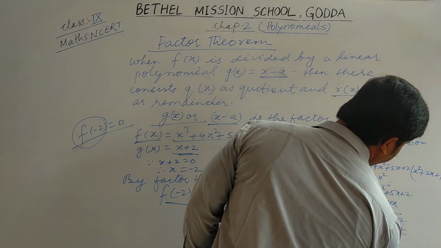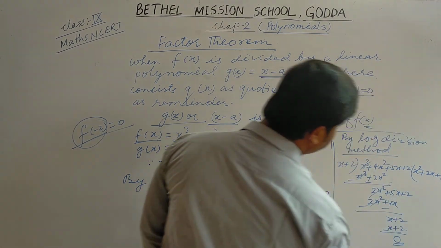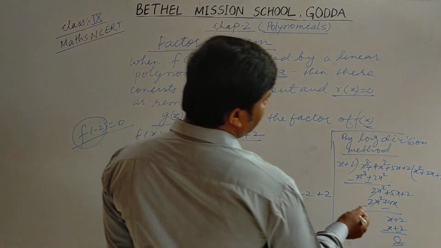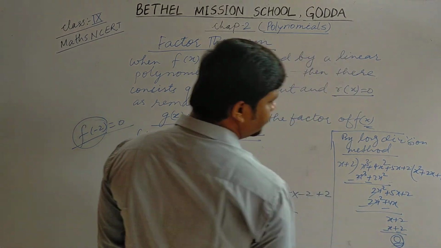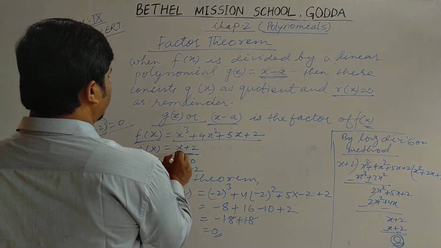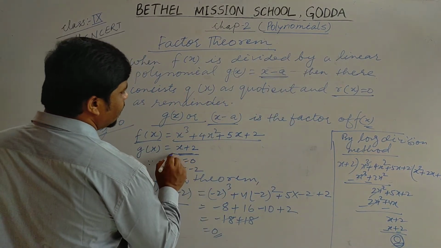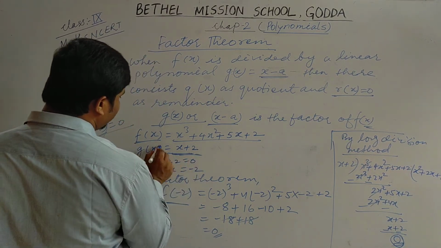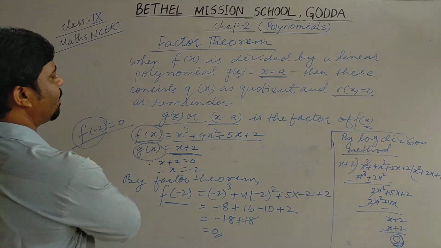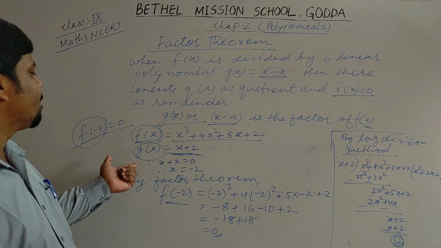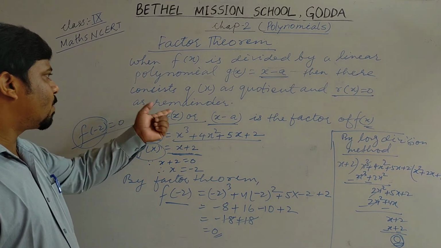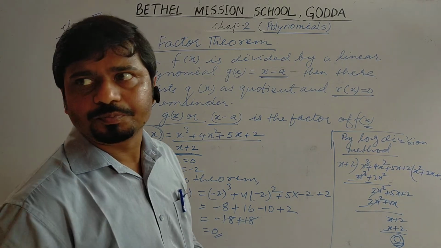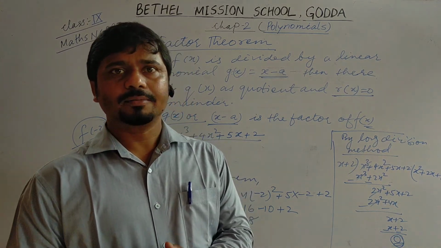So you can see here the remainder came 0. Because the remainder is 0, g(x) is a factor of f(x). So that's why this property is called the factor theorem. Okay, thank you.